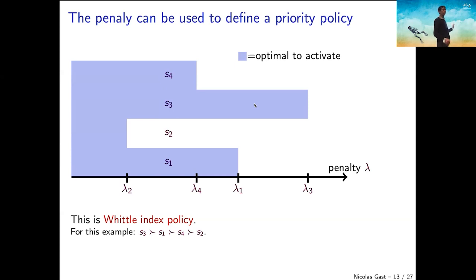But the complexity of the policy that you obtain at the end is still the same. You just activate the agents that are in the states that have the largest index.